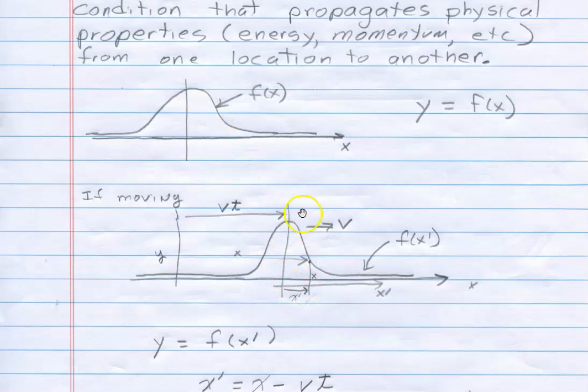But I know when I'm centered on the wave, if it's propagating without distortion at a constant rate, which I'm assuming here, then the function I get plotting it about x prime is the same as the function I had when I took the photograph at time 0. So for a distortionless wave, this new position is f of x prime, where x prime is measured from the central bulge. But clearly, the total distance x from the origin to this point is just x prime plus vt.